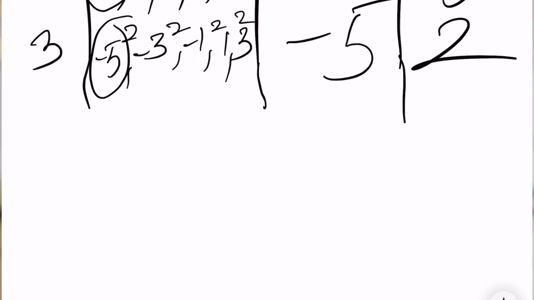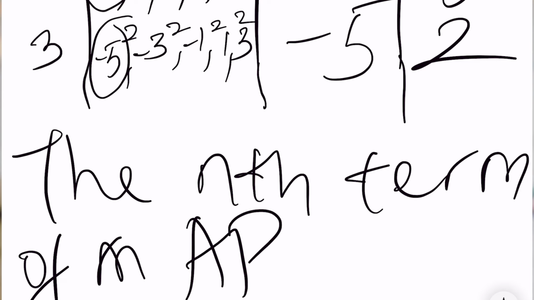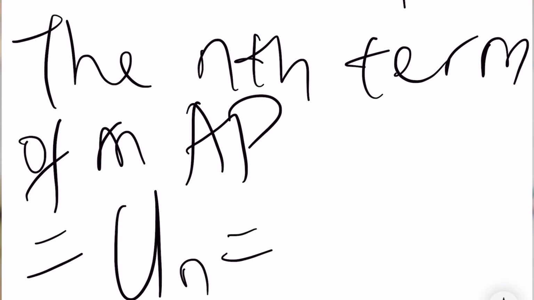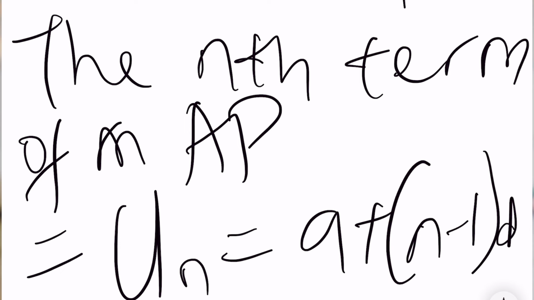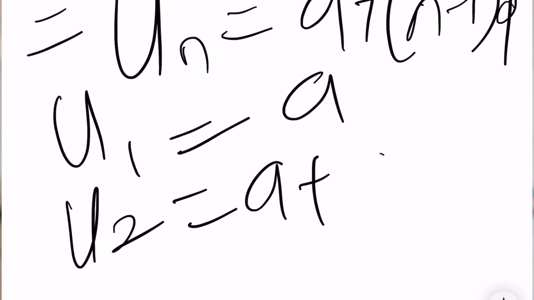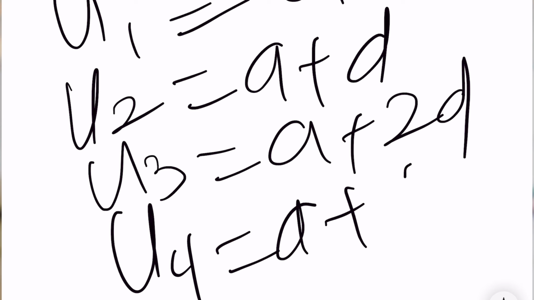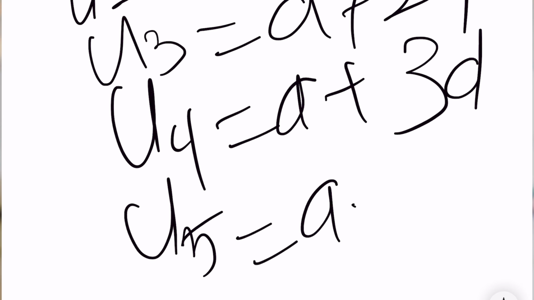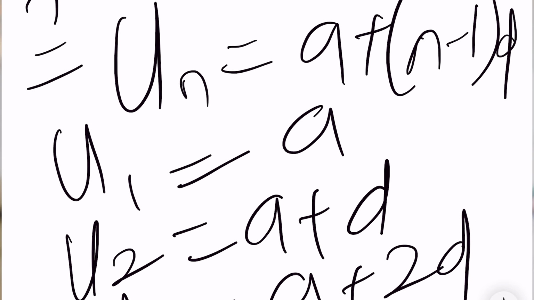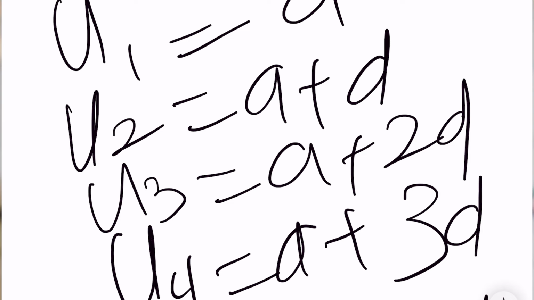In general, the nth term of an AP is Un equals A plus (n minus 1)D, where U1 is A, U2 is A plus D, U3 is A plus 2D, U4 is A plus 3D, U5 is A plus 4D, up until Un, which is A plus (n minus 1)D.